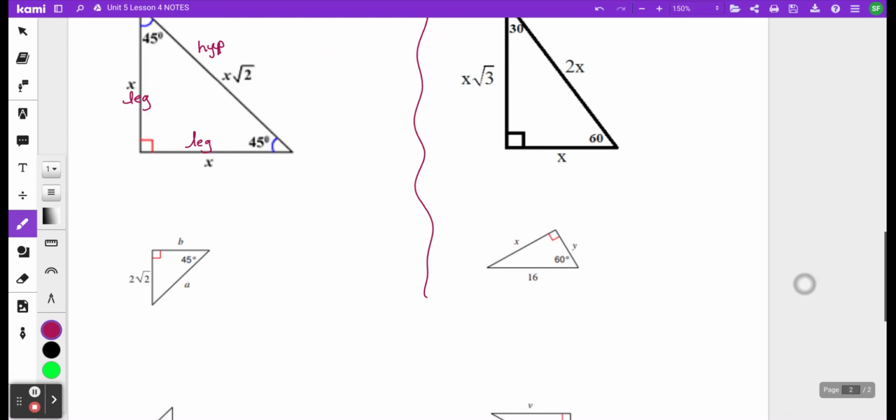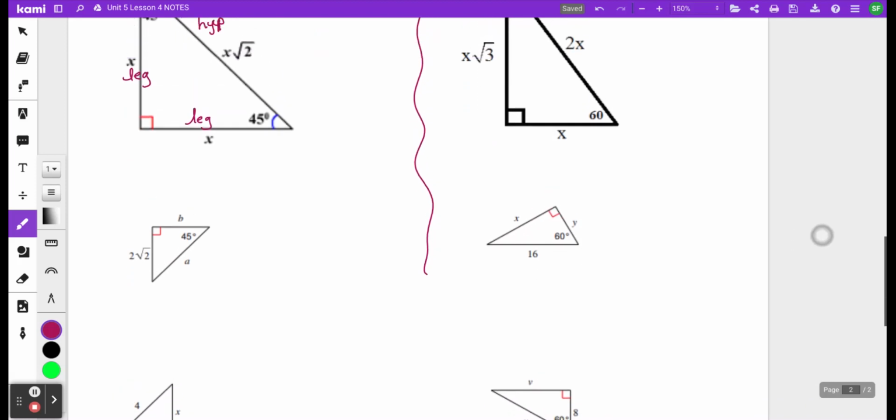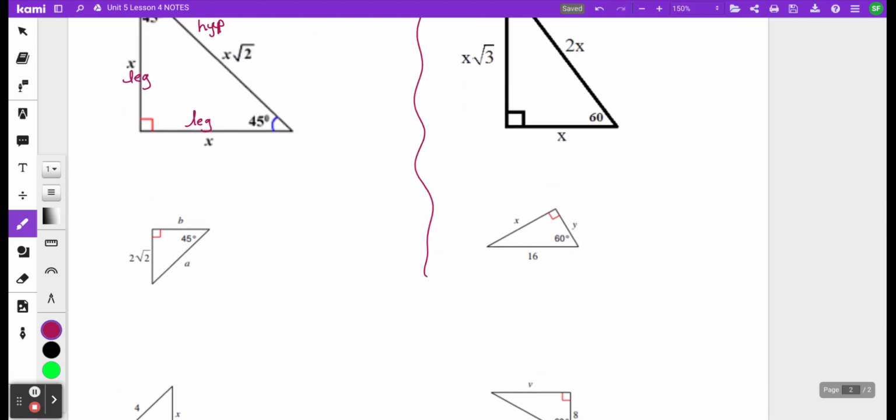So we're going to do all of the 45, 45, 90 first. So here we have a leg, and a hypotenuse. So we know that B is already going to be the same thing as the other leg because they're going to be the same.